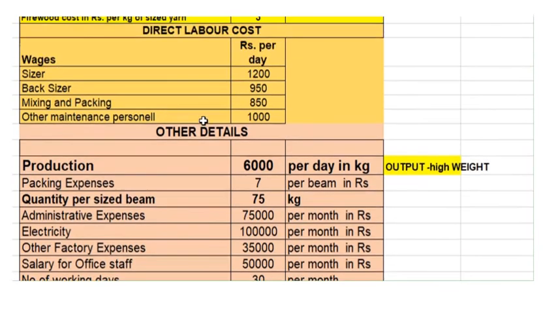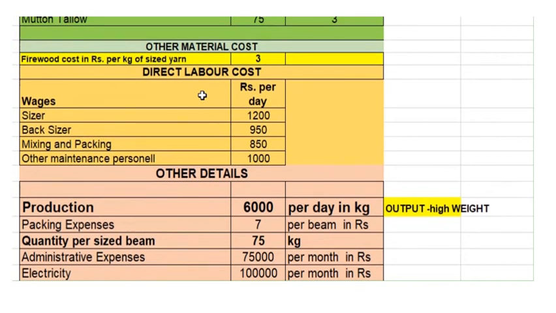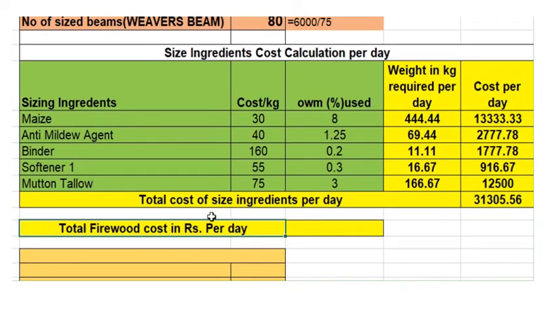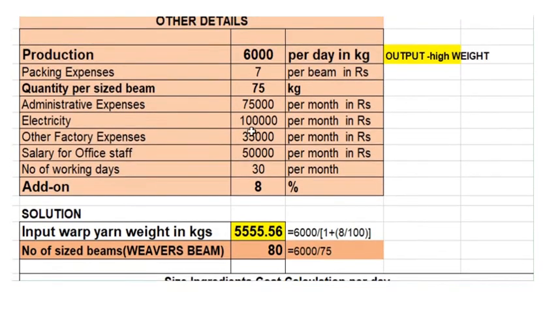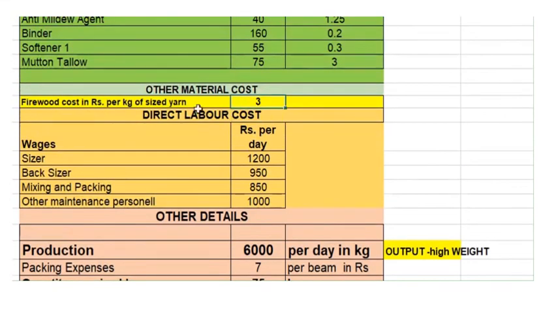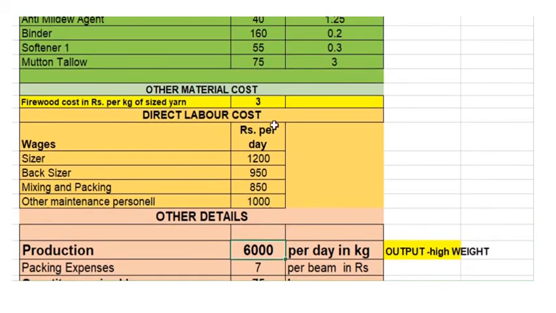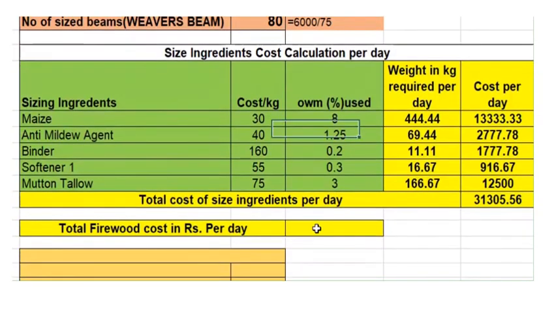The only material given here is firewood. The firewood cost is given in rupees per kg of sized yarn, so 3 into the production of 6,000 kg. 6,000 into 3, we get 18,000.